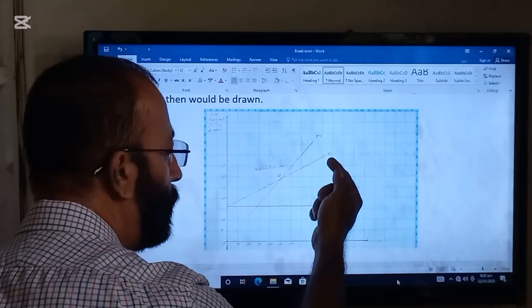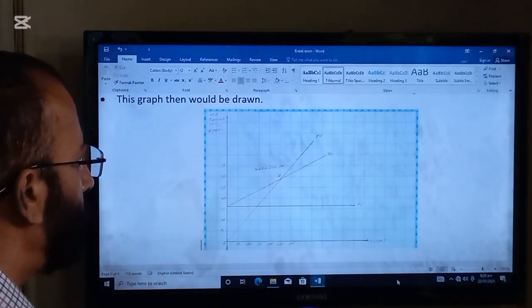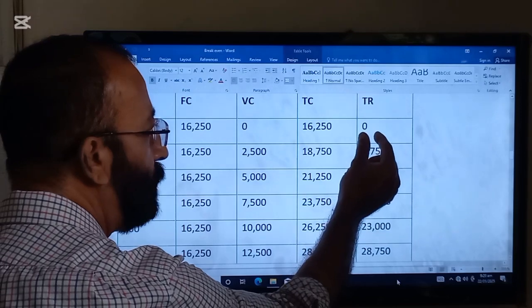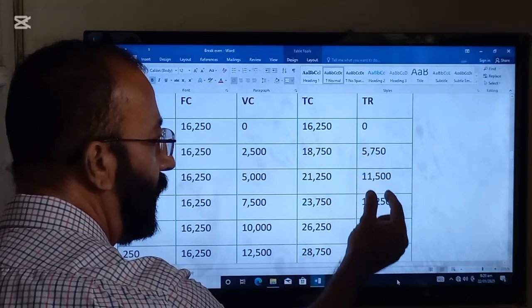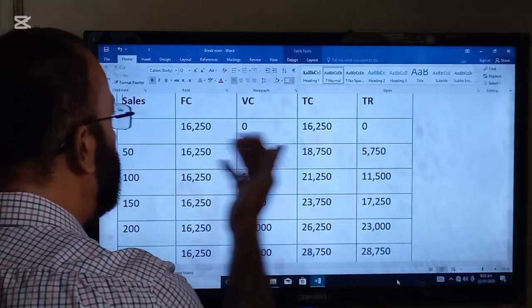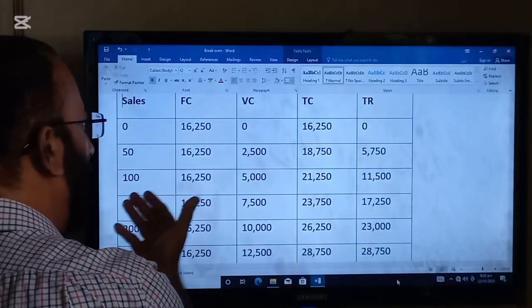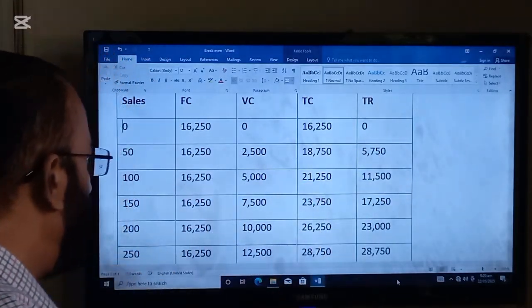This is the line for total cost. The total revenue line starts from 0, with the points 0, 0; 50, 5,750; 100, 11,500; and so on.